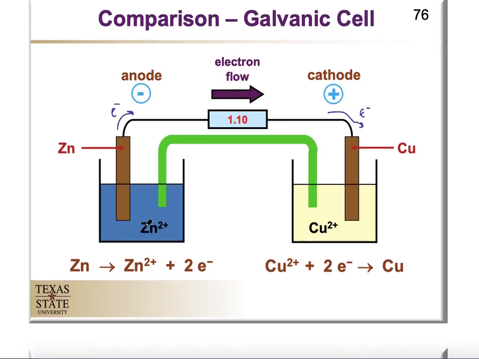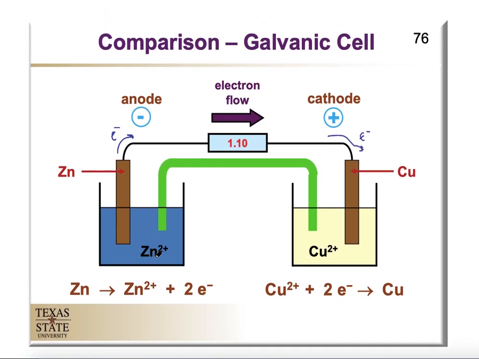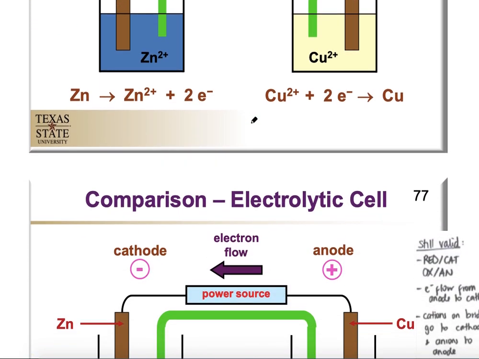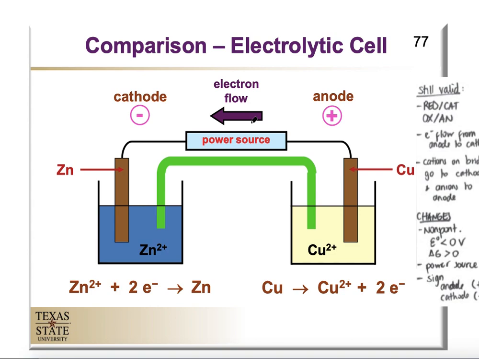Now, what we're going to have is the same scenario, the same zinc and zinc ions, and the same copper ions and copper, but now we're going to apply an external power to it. And so we're going to see what changes once this becomes an electrolytic cell. In the electrolytic cell, we have a power source that drives the electrons to flow in the opposite direction, right?